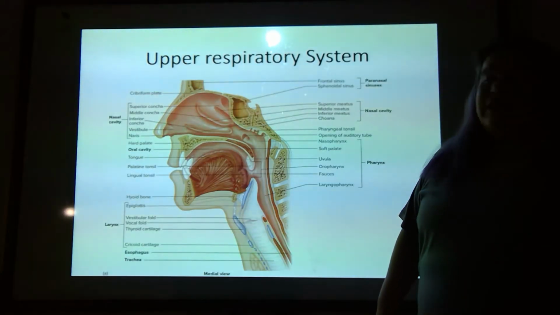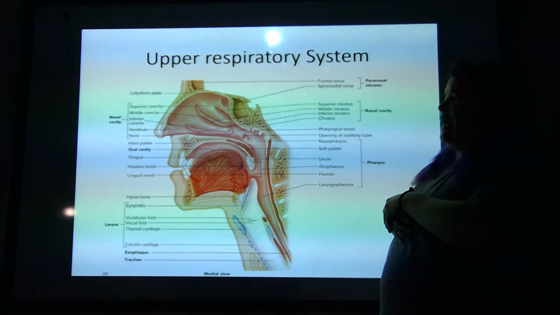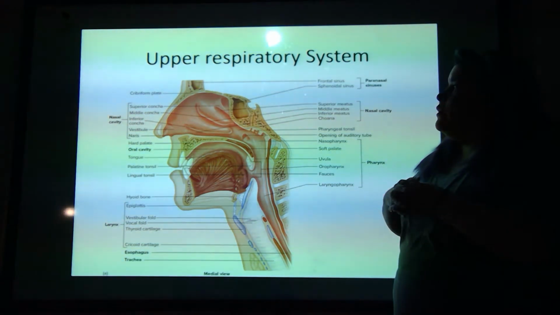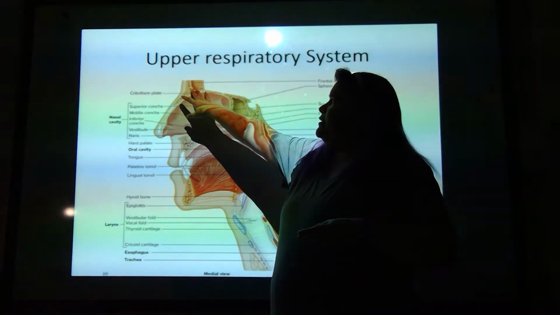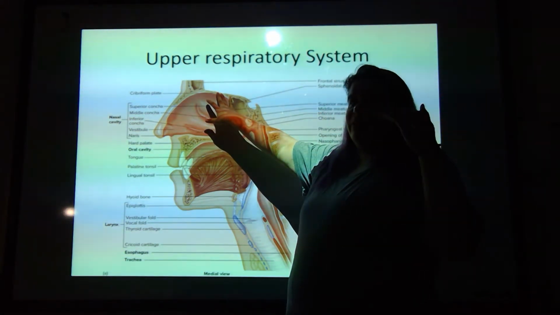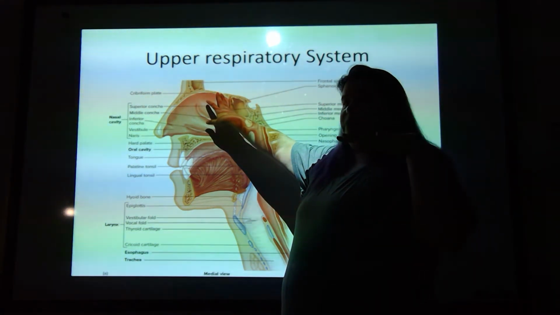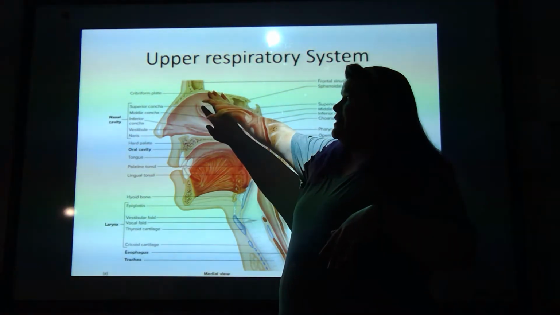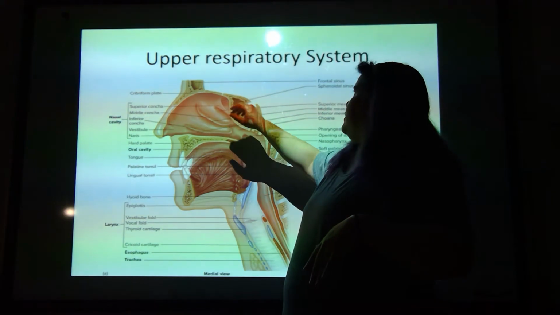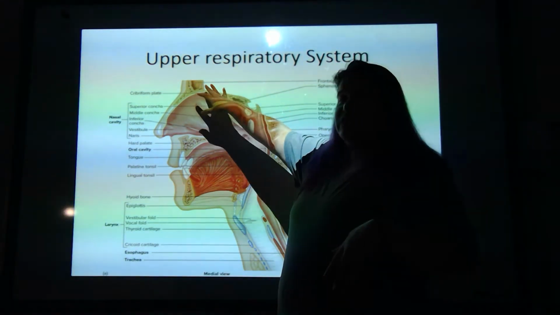So, looking really closely at our upper respiratory system, you've got the skull, okay? The cribriform plate, which is that plate in the ethmoid bone, is actually the ceiling for our nasal cavity. You've got sinuses, the sphenoidal sinus and the frontal sinus.